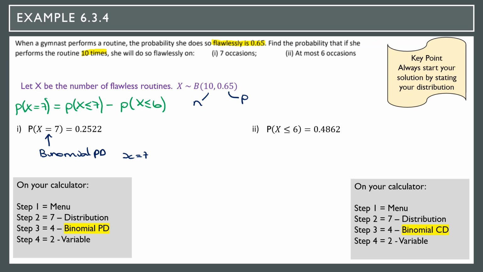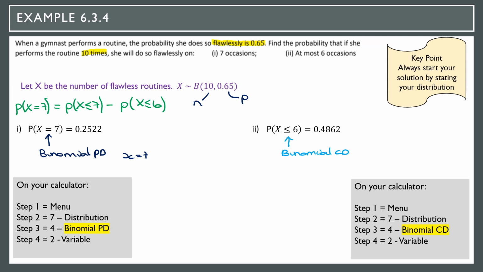So then part II asks us to find the probability that she performs the routine flawlessly on at most 6 occasions. At most does suggest that we want to include 6, so we want the probability that x is less than or equal to 6. Because we're looking at less than or equal to, we know that we can use the binomial CD function on our calculators.